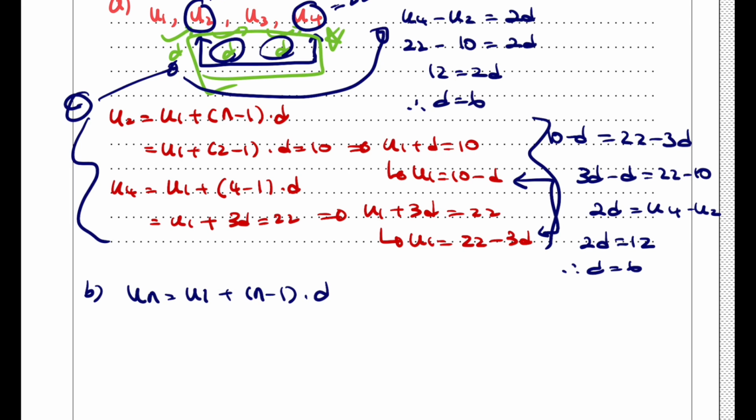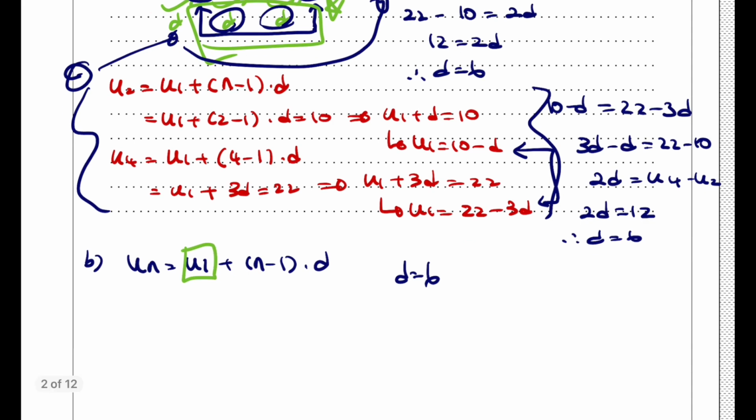From question A, we know that the D value is equal to 6, and we don't know Un, so we don't have to make any changes to Un, but we do need to find our U1 value. From question A, we do know that U2 is the same as U1 plus 2 minus 1 times D, and it is equal to 10, right?